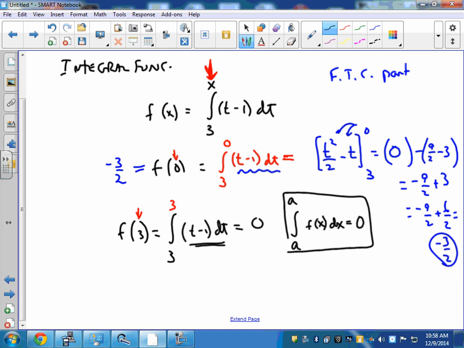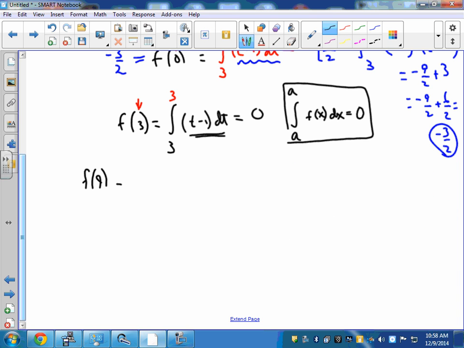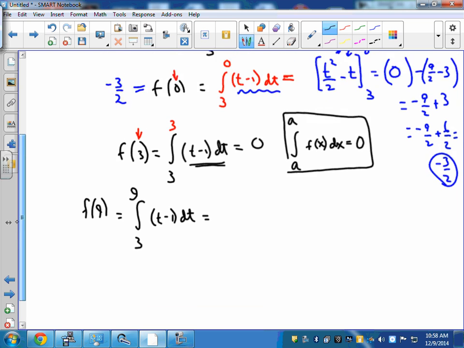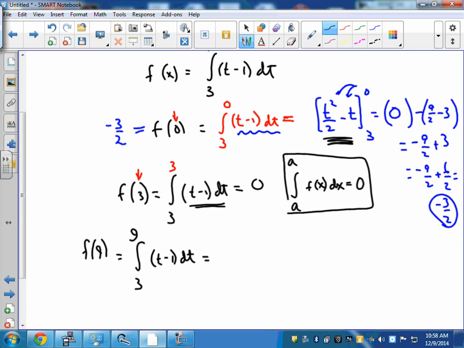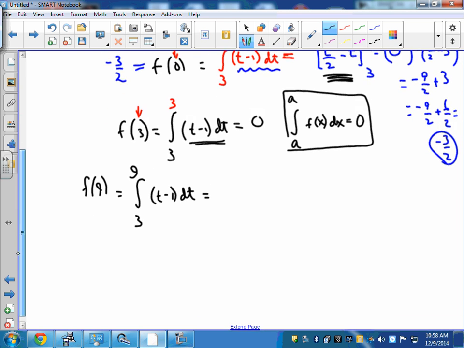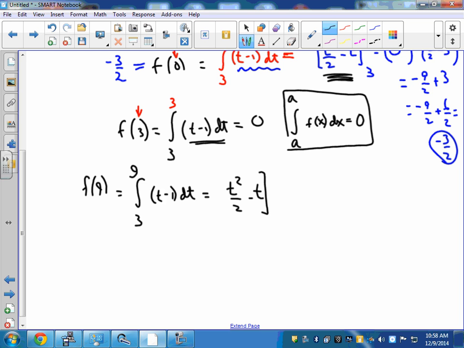The last one we wanted to look at was f of 9, and we'll do that one. Let's see, f of 9 is the integral now from 3 to 9 of t minus 1 dt. We've already found the antiderivative up here. This was the antiderivative that we need, so t squared over 2 minus t, but now we're evaluating between 3 and 9.